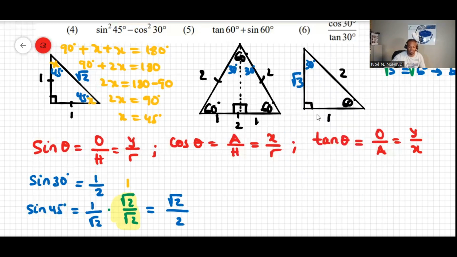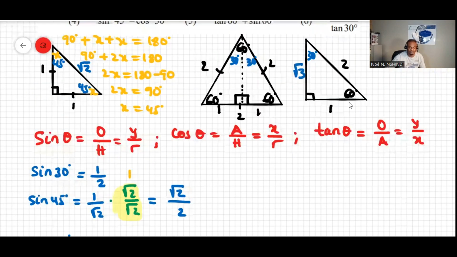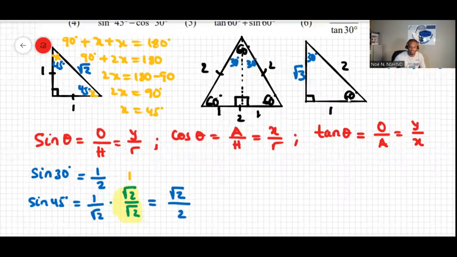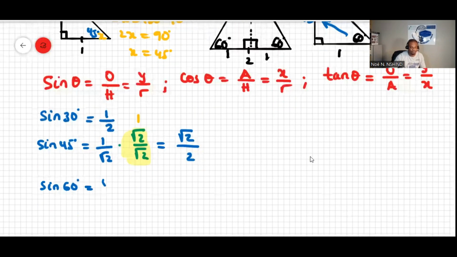Now let's take the 60 degrees. Let's say sine of 60 degrees. Let's see how much it will be. I'll look here. 60 degrees is there. Opposite 60 degrees is this side. And then the hypotenuse is the 2. So it's going to be root 3 over 2.